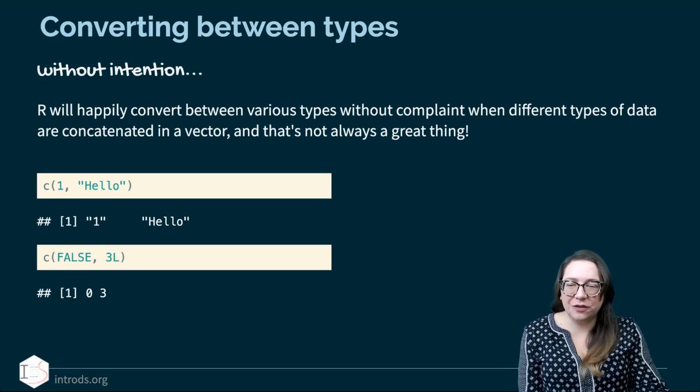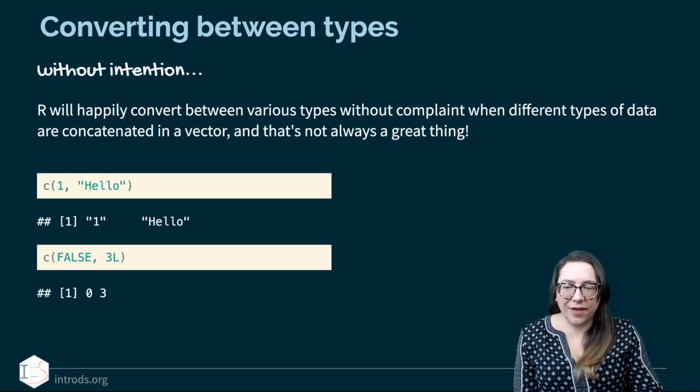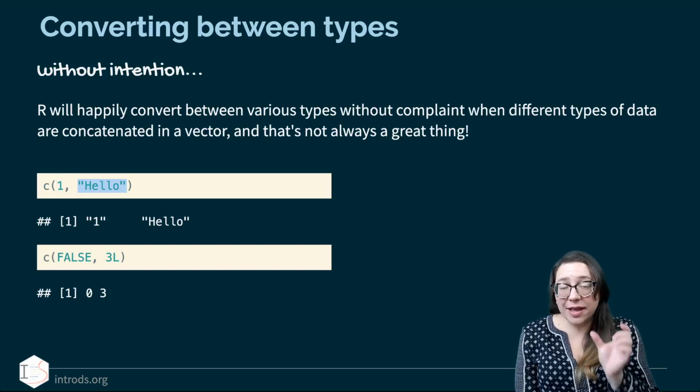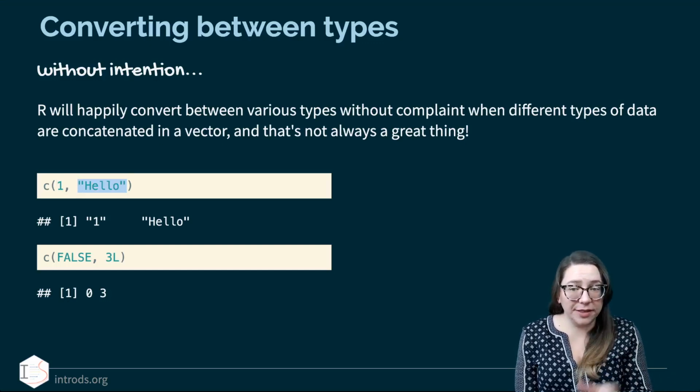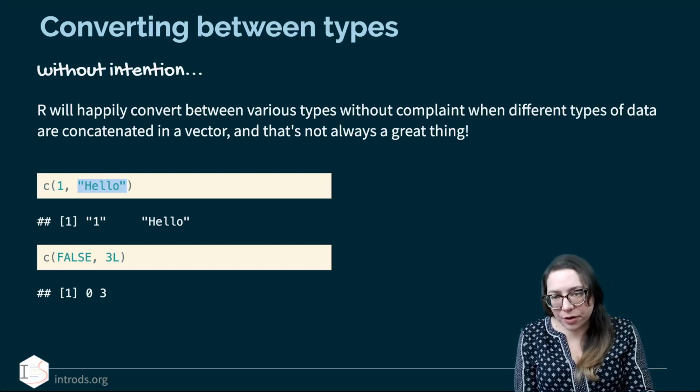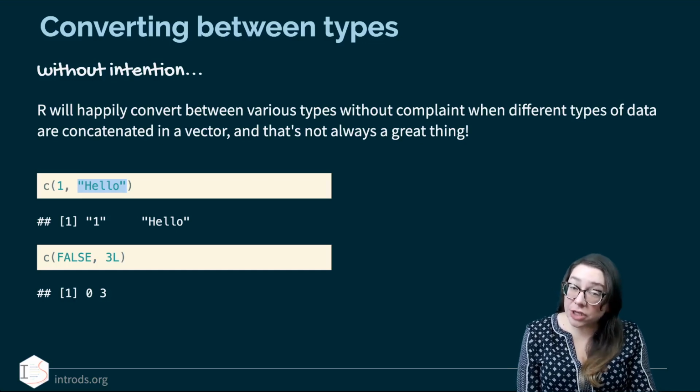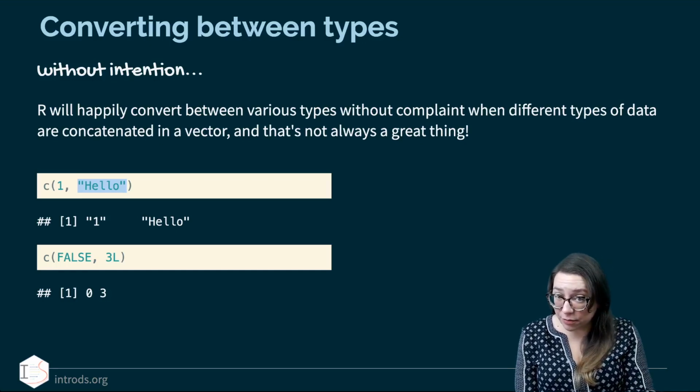So let's take a look over here. I have a vector with the number 1, and then the character string hello. If I put these together, because a vector can only have data of the same type in it, R just asks itself, okay, I have one number and the other one's a character string. Can I turn this character string into a number?